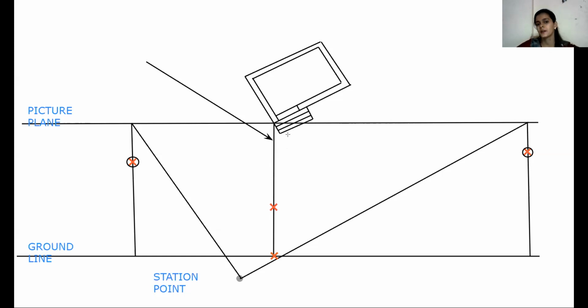So here the plan is complete, for the entrance steps only. This is not the complete plan.